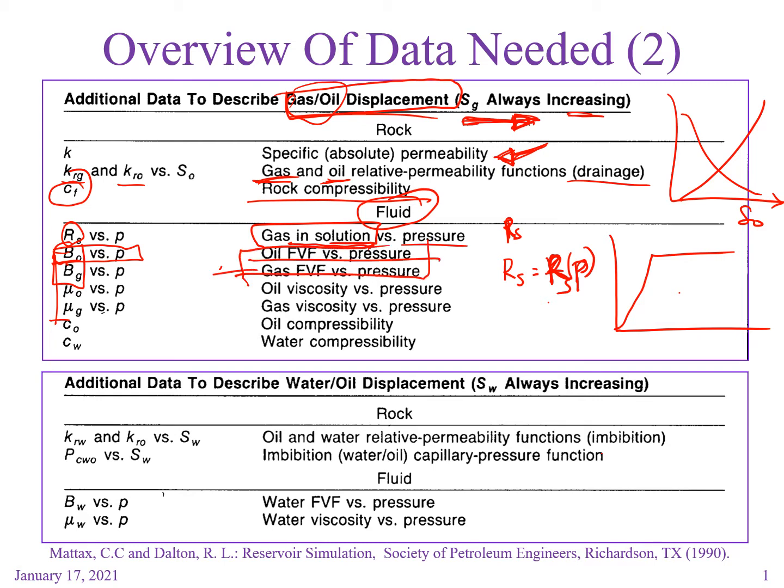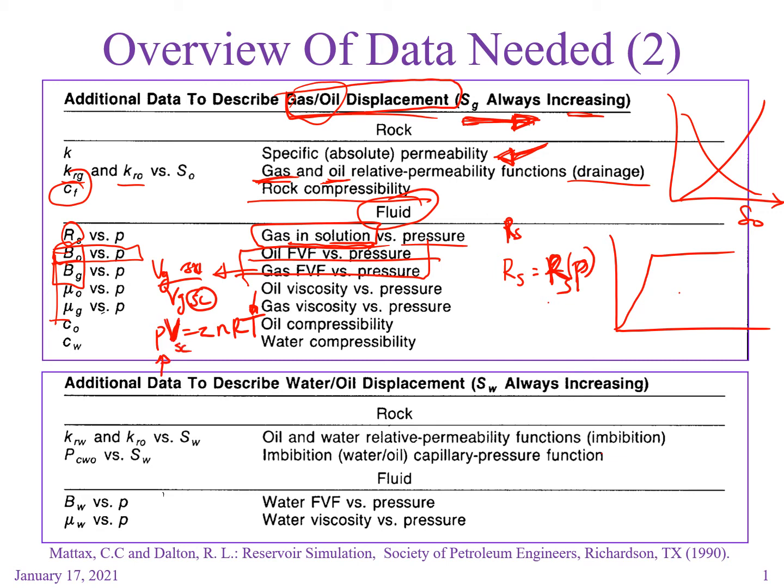For gas, you can get it straight up from equation of state. How? Because you know it's Vg at reservoir conditions divided by Vg at standard conditions, and you already know what standard conditions is. So plug in the value of standard conditions into PV equals ZnRT. So T will be 60 Fahrenheit and P will be 14.6, and that will give you VSC, volume at standard conditions.